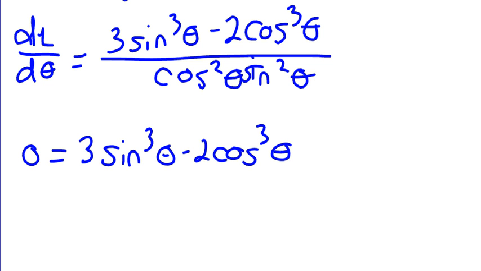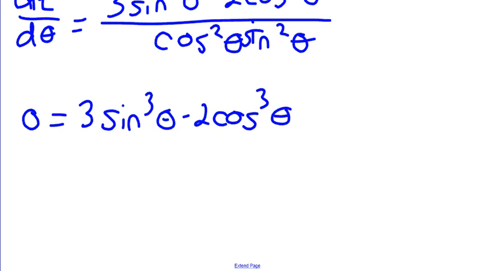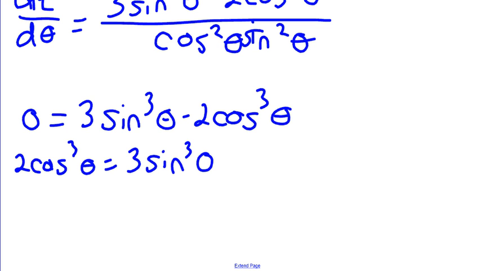If I move the negative 2 cosine cubed theta over to the other side, 2 cosine cubed theta equals 3 sine cubed theta. What I'm trying to do is get theta by itself, that's really my goal. So right now I'm just reordering things so that I can get my thetas on one side and my non-thetas on the other. So I can divide both sides by 3, and then I can also divide both sides by cosine cubed of theta.